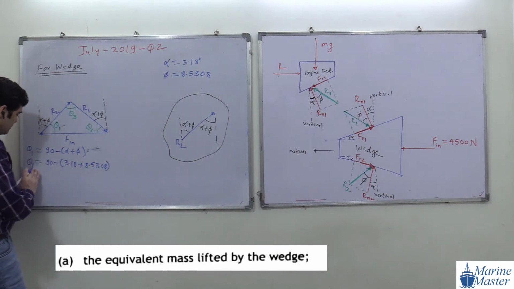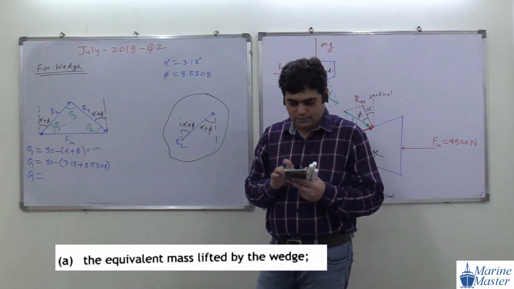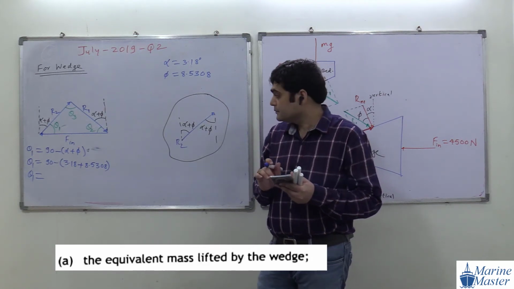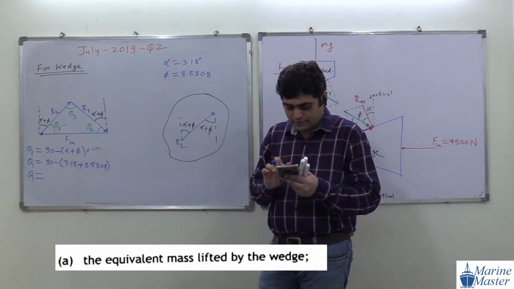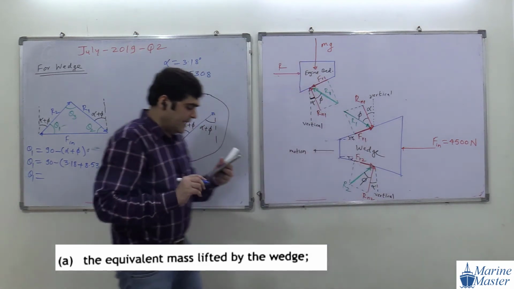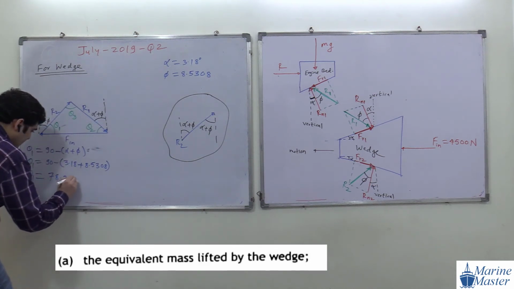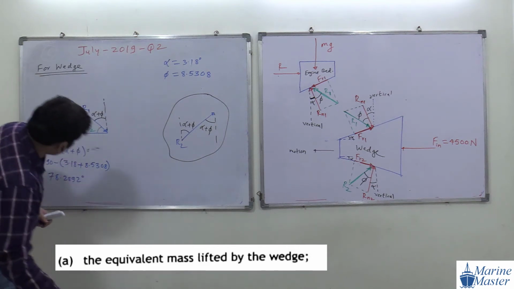Please everyone do the calculation and tell me the value of theta 1. 90 minus 3.18 is 78.2892 degrees. Okay, good.